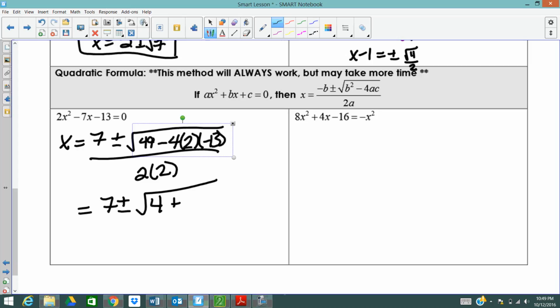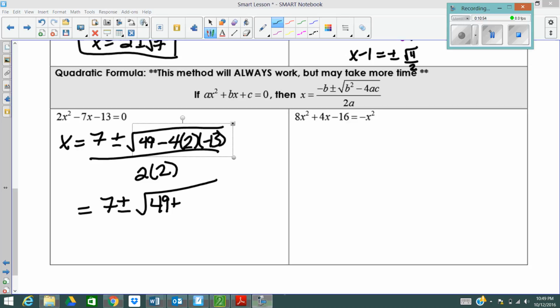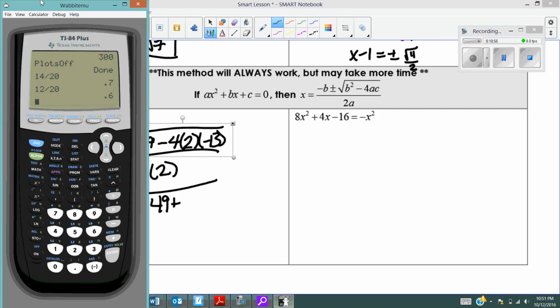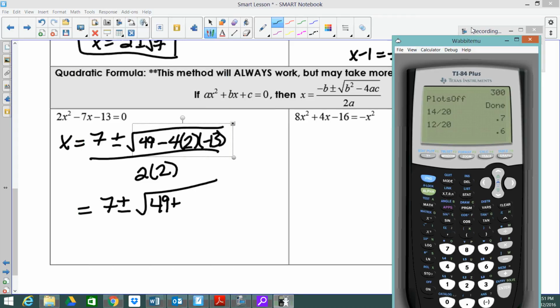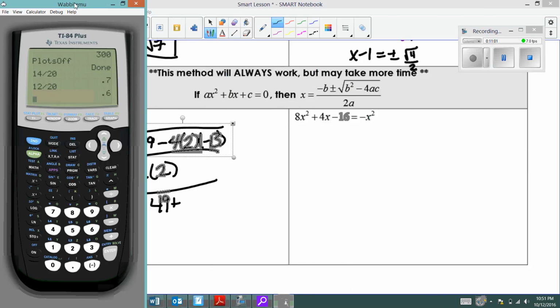So then we get 49, 7 plus or minus. All right, there's my calculator. So we have, oh my goodness, 4 times 2 times 13. It does not matter the negatives because double negatives will end up being a positive.